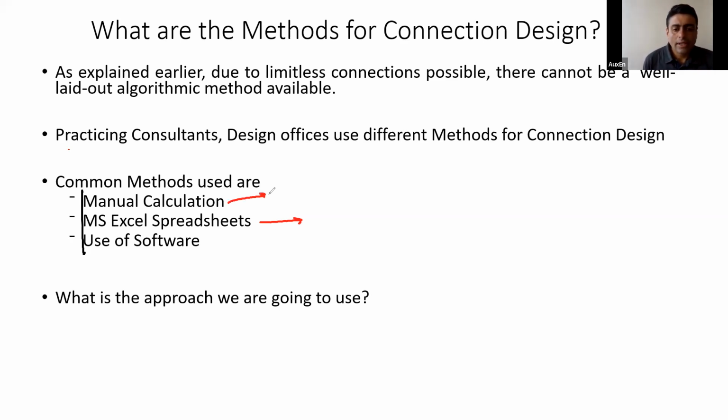Many of the connections, I also do by manual calculations. Some connections, I do using the software. So in our office also, we use all the three approaches. Asad is asking which is more preferable as per your experience.